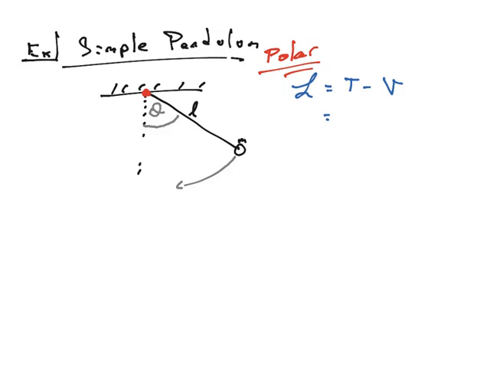In real life, we'd have to worry about such things, but in this particular case, I'm going to assume I only move it by an angle theta which is sufficient to not slack the string, so the mass is always a distance L away from the pivot point. But theta will change. So if I use polar coordinates, only one of my coordinates is going to be changing, and that's theta. The r coordinate will not change. Whereas in Cartesian, both x and y will change, while z will not.